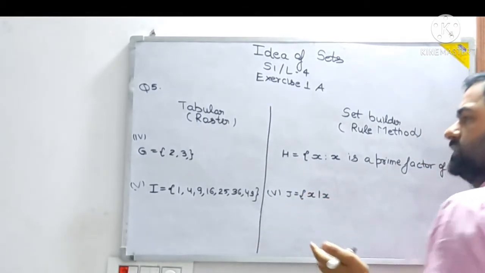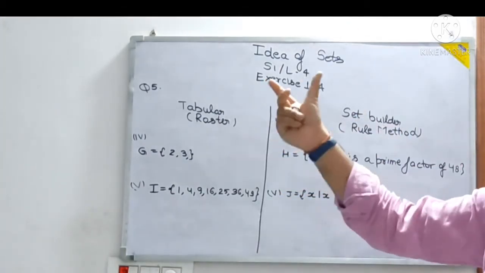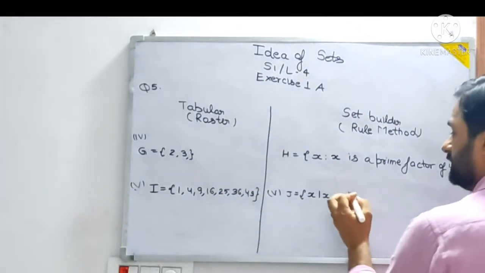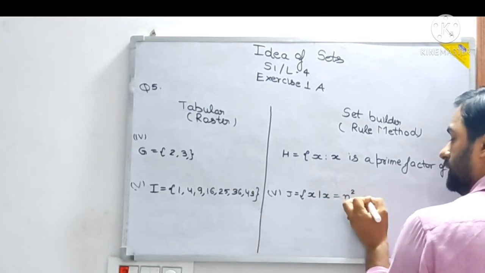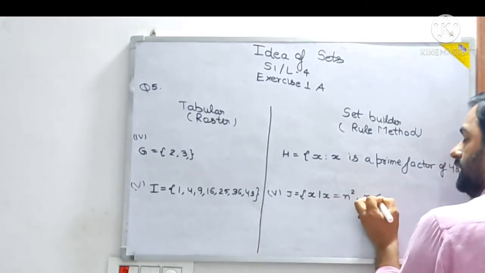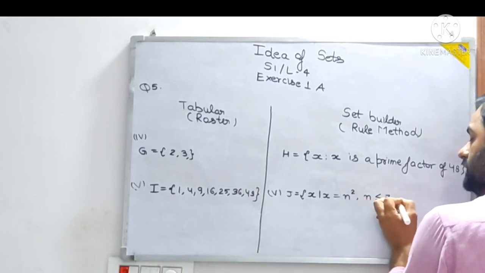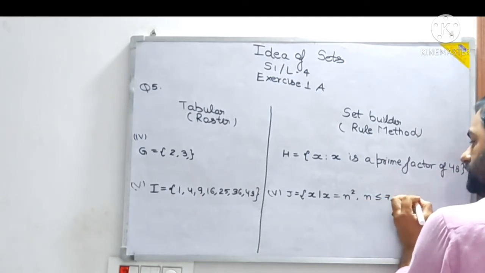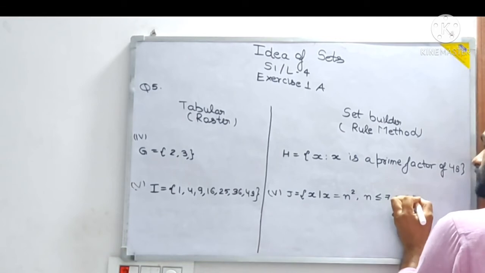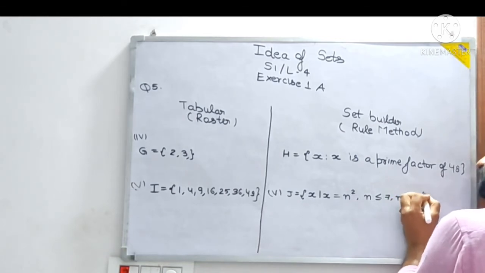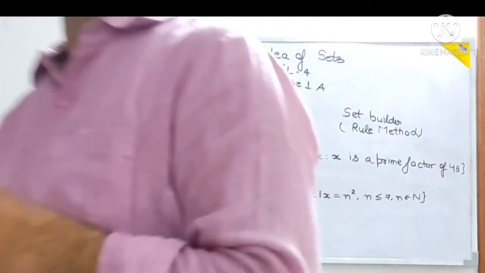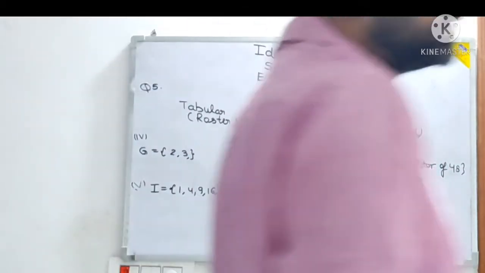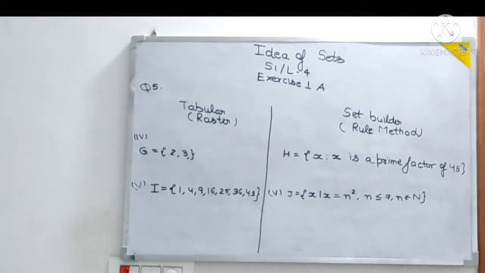No special purpose is there, only to make you familiar with both the symbols. I hope this makes things clear to all of you. So here only one new thing was introduced for us, perfect squares.